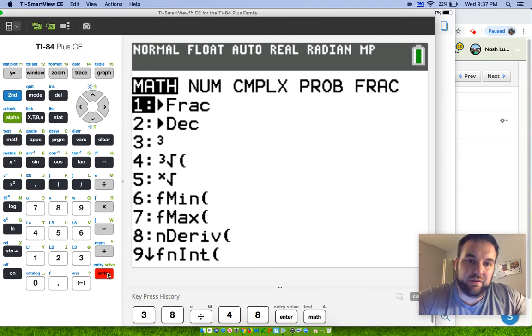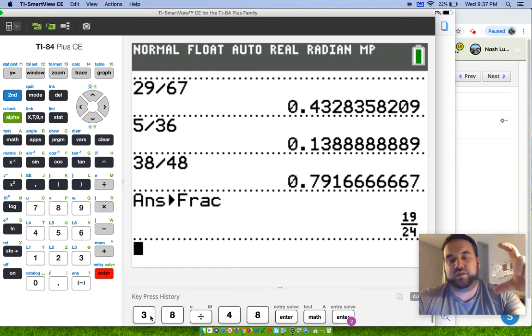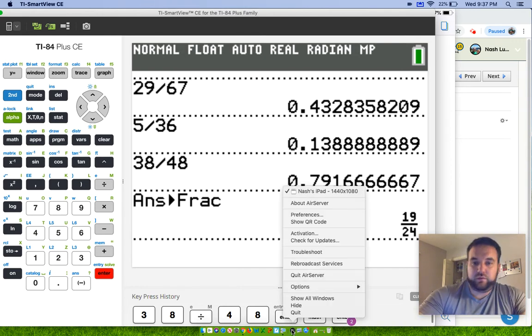And another thing I would do as you're doing this is use the calculator to do the math, so it can reduce the fraction for you, because either form, as a decimal or as a fraction, is fair game to see on a quiz or a test. So 19 out of 24, or 0.792. So 19 out of 24. Oh boy.